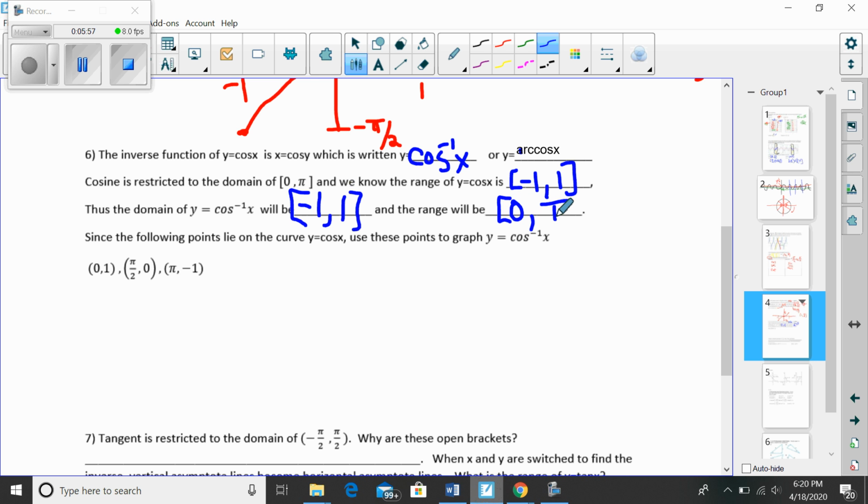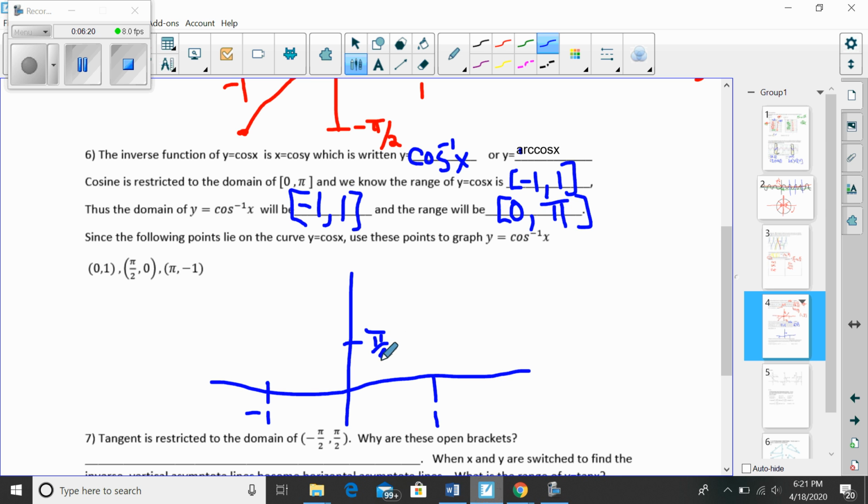Okay, so that means when I go to graph, -1 to 1 again. And this is pi over 2. And so that would be pi.